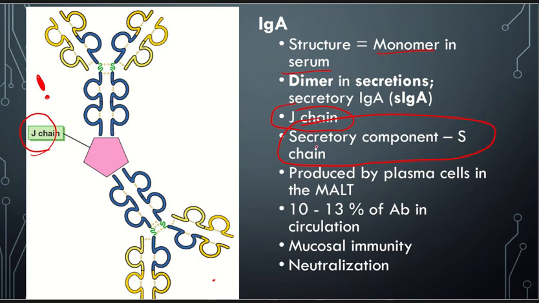So you'll find it in saliva, in mucus, in tears, in your mucociliary escalator, your breast milk. It's going to have this molecule called secretory IgA, which means it's going to have that S piece. Sorry, that should say piece.